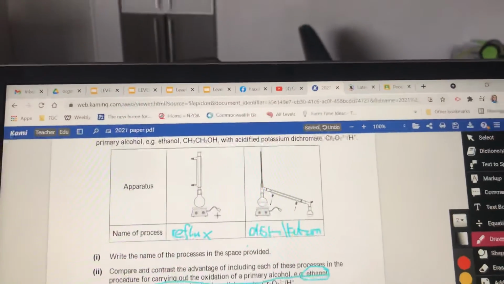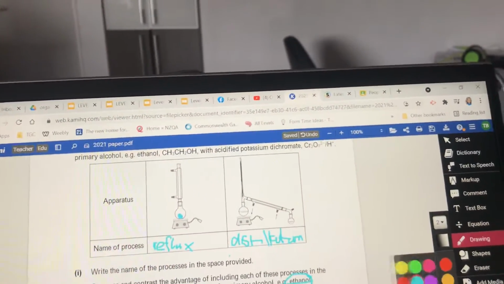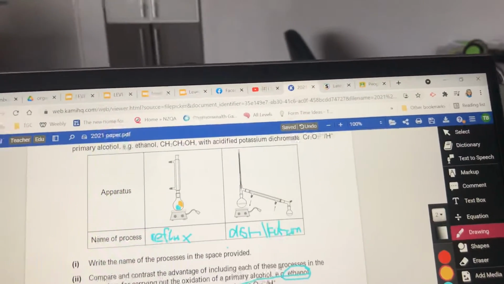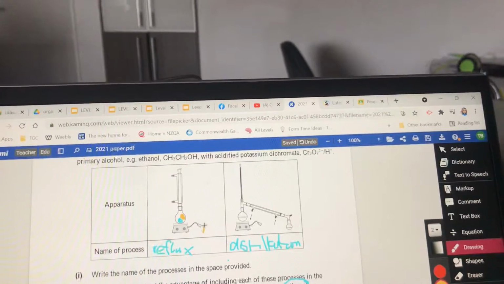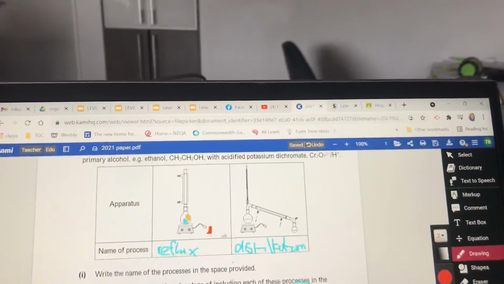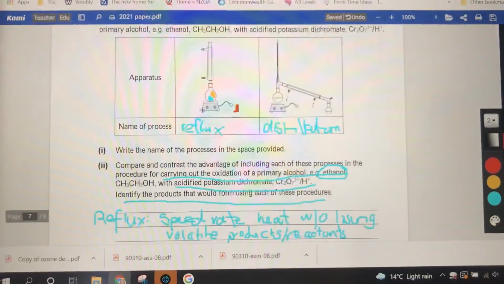So the key here is that we put our alcohol and our dichromate, which is a beautiful orange colour, into this thing here, and then we apply the heat. Turn that on. Oh, I wanted red there. Okay, and then these two start to react. Oh, sorry team, I've moved that as well.